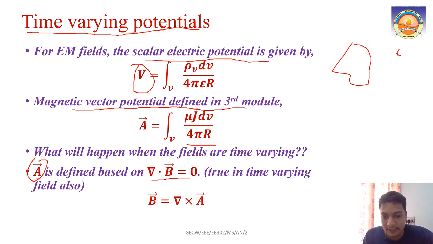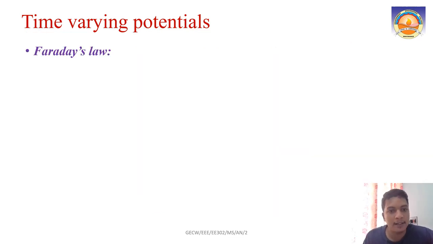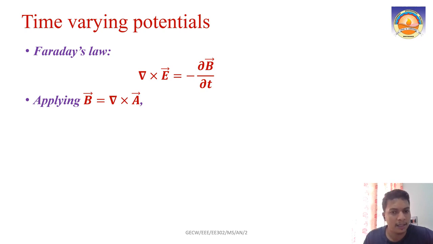And the definition is B equal to del cross A. That is the definition of vector A, that is how we are defining the magnetic vector potential. Faraday's law is given by del cross E equal to minus dou B by dou t.